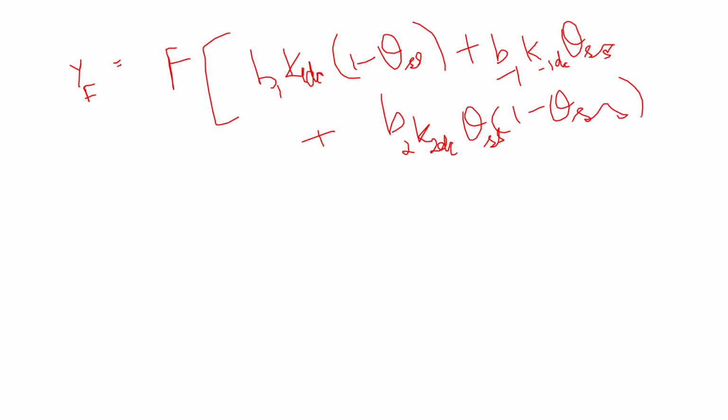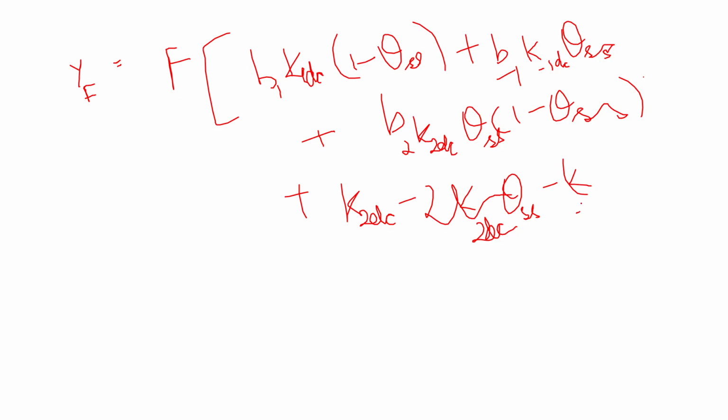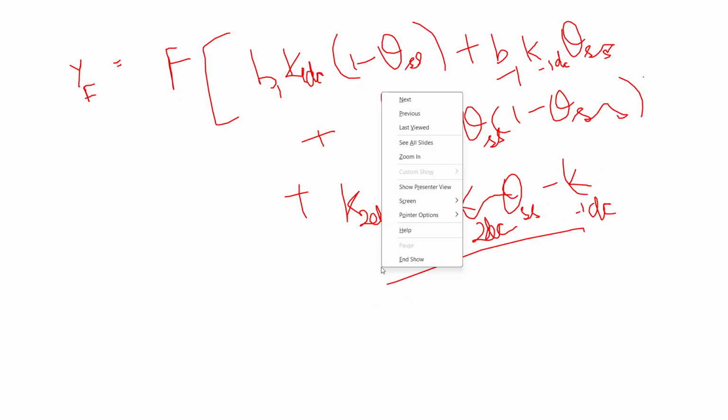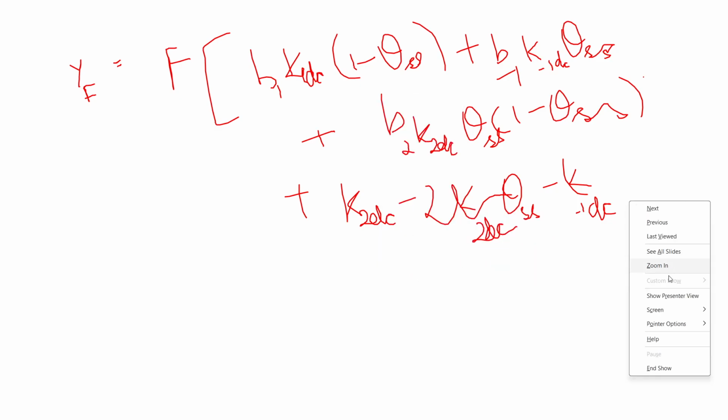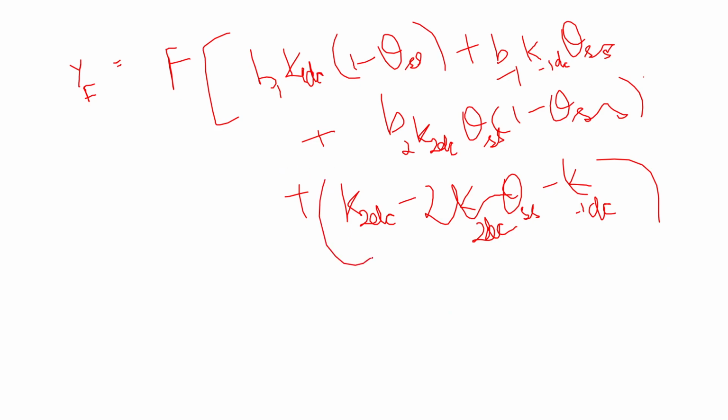1 minus θ SS, plus K2 DC minus 2 K2 DC θ SS, minus K minus 1 DC, into the θ 1 expression that you got.